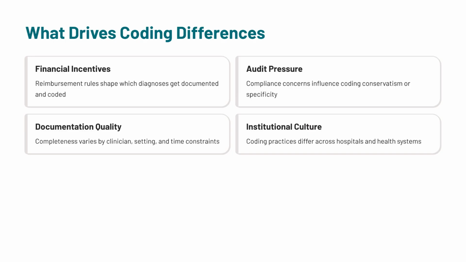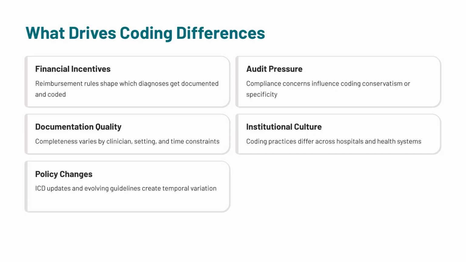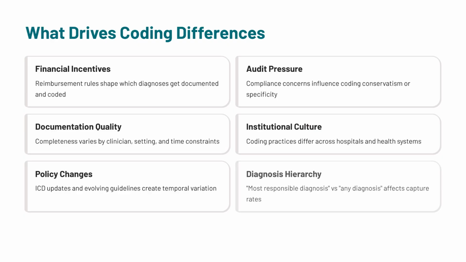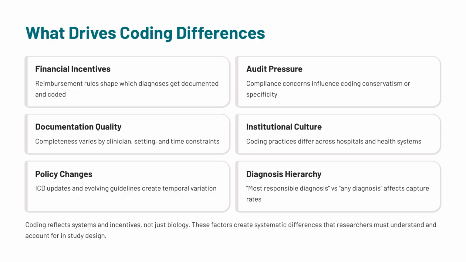Institutional culture matters too, because local coding practices evolve. Policy changes and updates to coding standards add time trends that look like clinical trends. Finally, the diagnosis hierarchy matters. Using the most responsible diagnosis is not the same as using diagnoses in any position. Bottom line, coding reflects systems and incentives, not just disease.